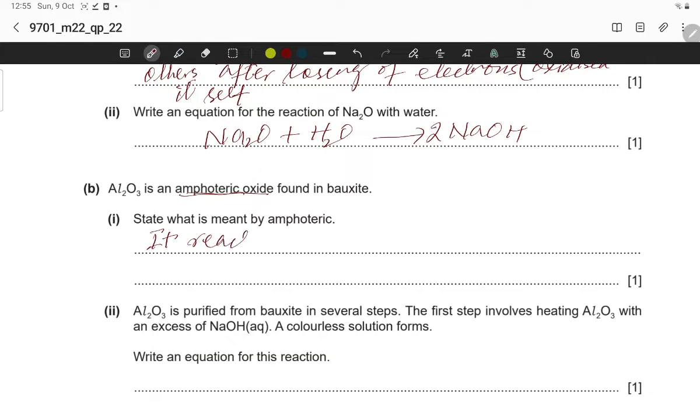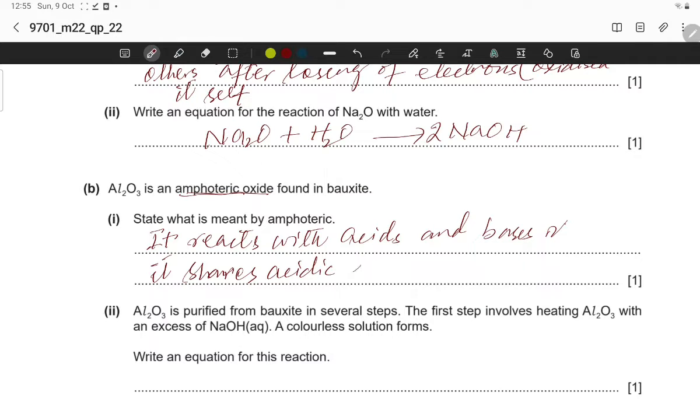It reacts with acids and bases, or it shares acidic and basic properties.